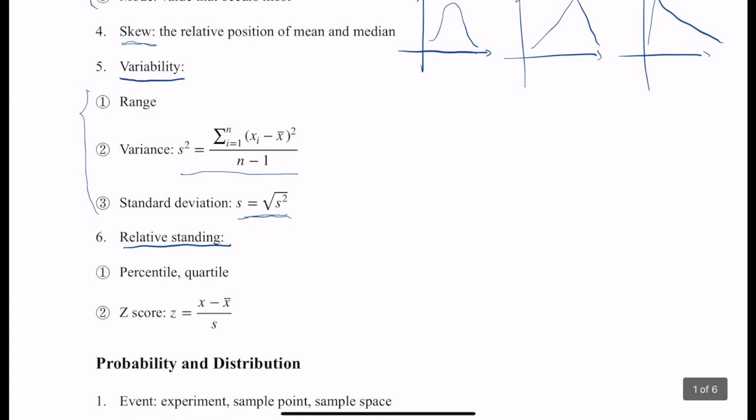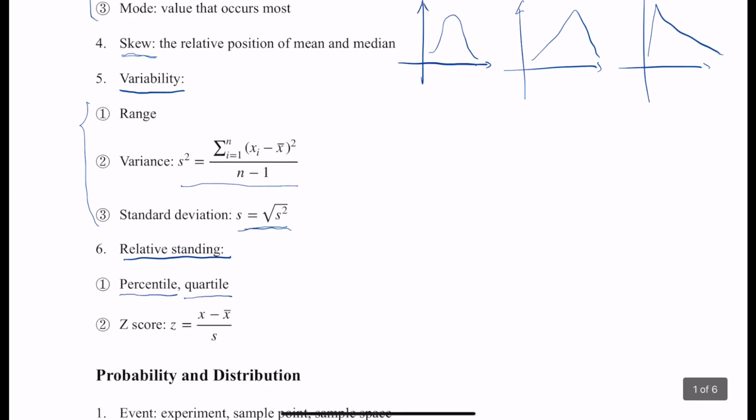The last one is relative standing. We mentioned percentile and quartile. Quartile is 25%, 50%, and 75%. Percentile is just 1 percentile, 2 percentile, up to 100 percentile.